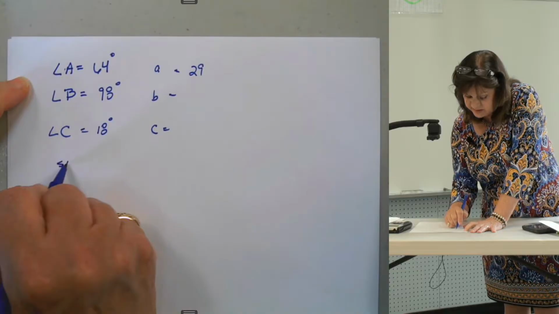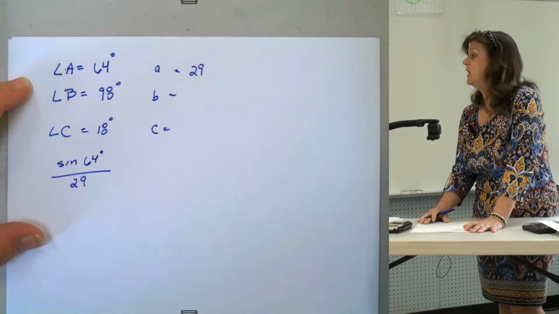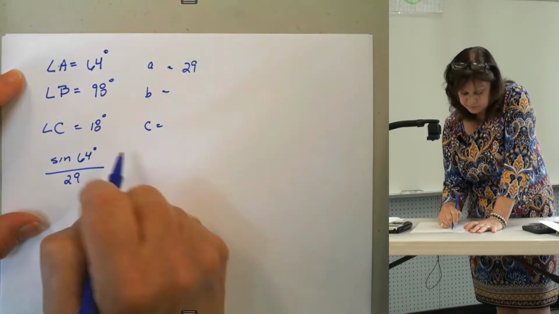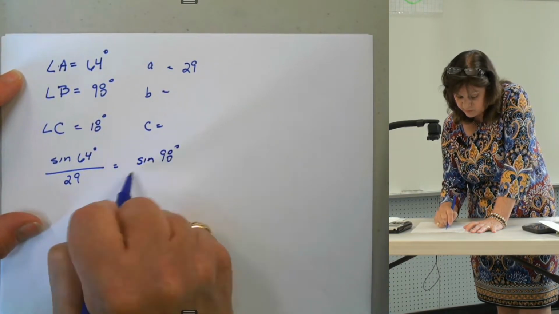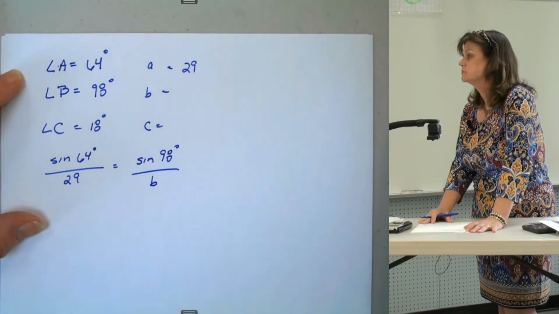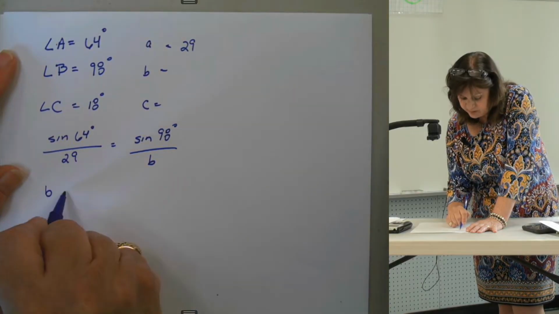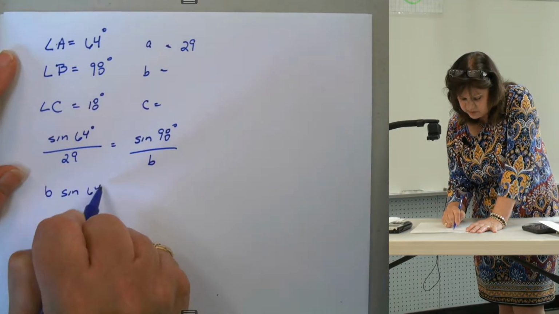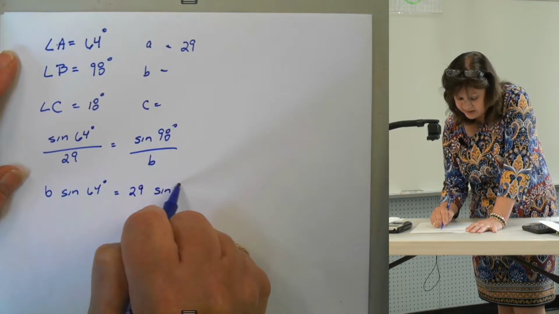So I have the sine of 64 degrees over 29, sine A over A, is sine B over B. So B sine 64 equals 29 sine 98.